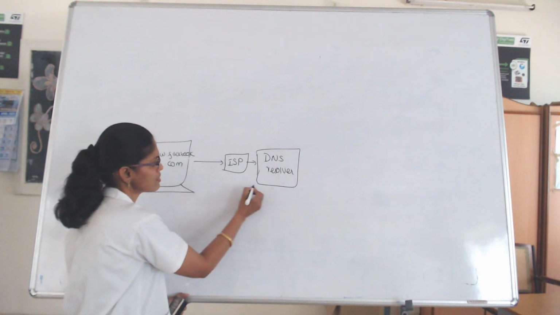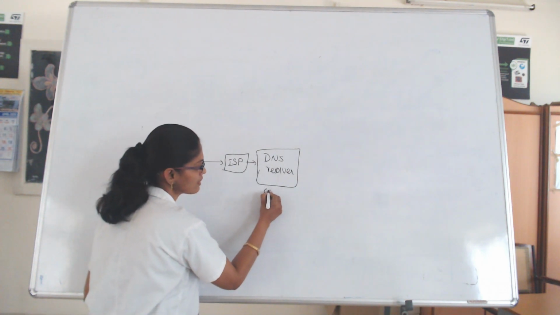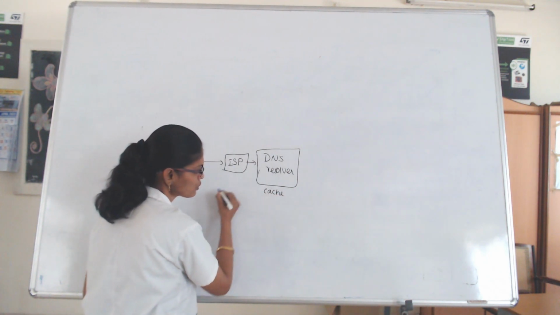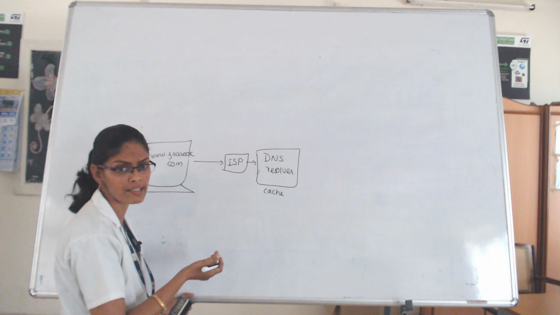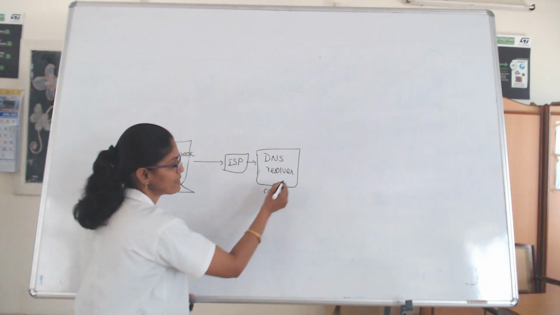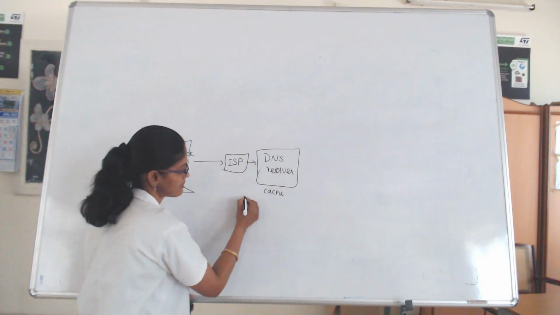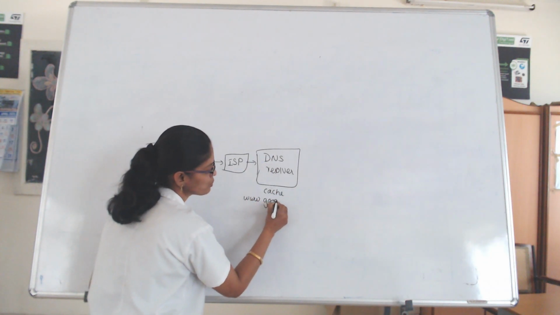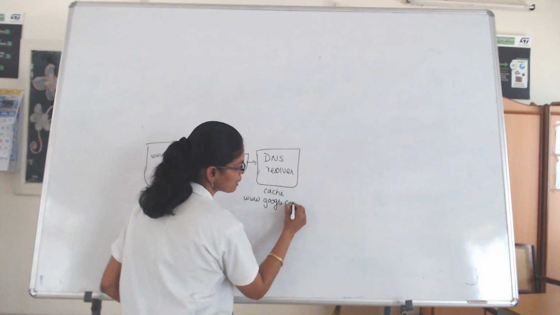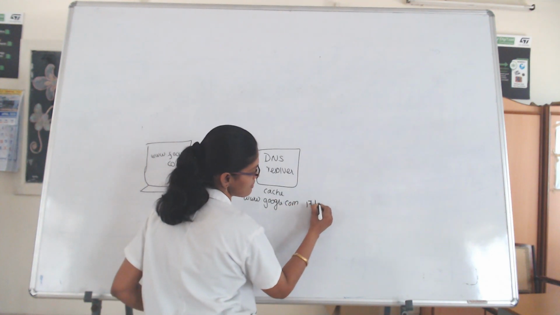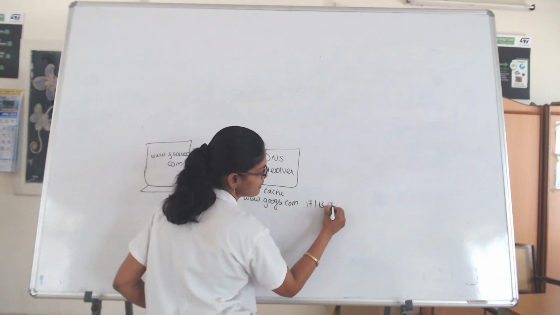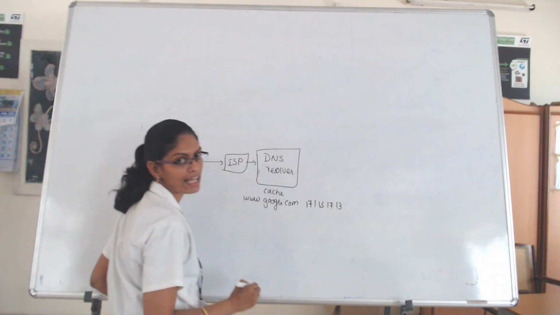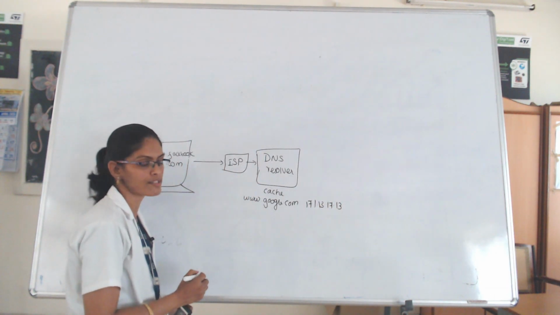So what does this DNS resolver do? It has certain things in its cache memory. Whatever you have frequently web surfed, those IP addresses will be stored in the cache. For example, if you have web surfed www.google.com, its particular IP address will be stored in the cache memory of this DNS resolver.